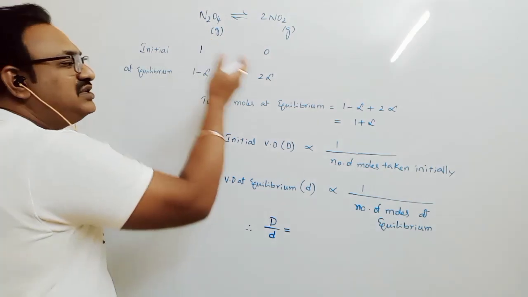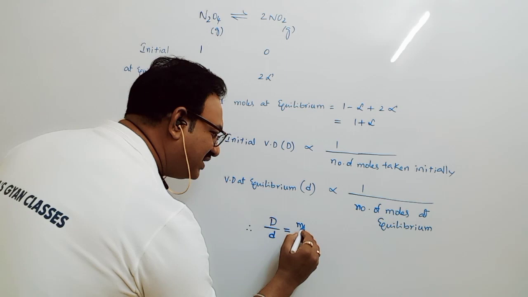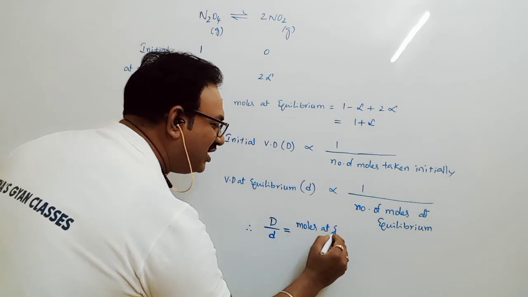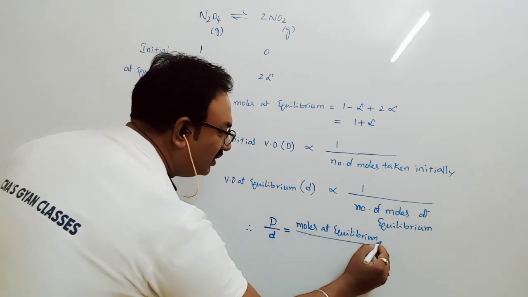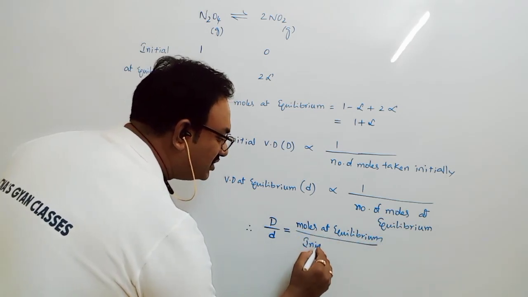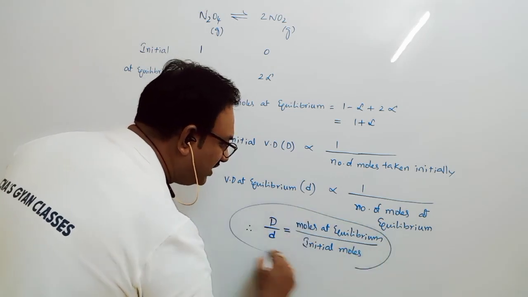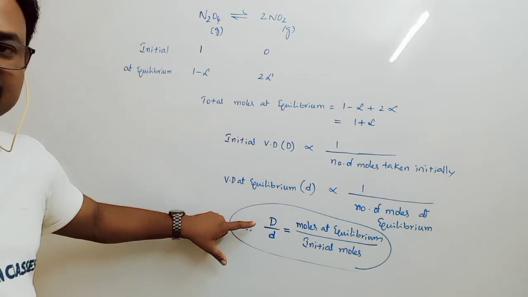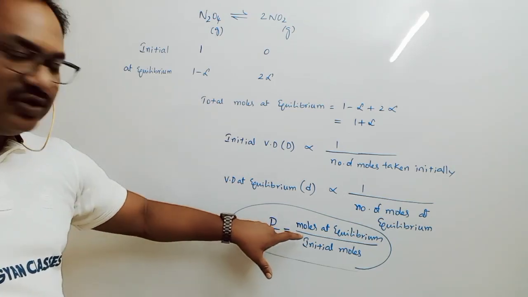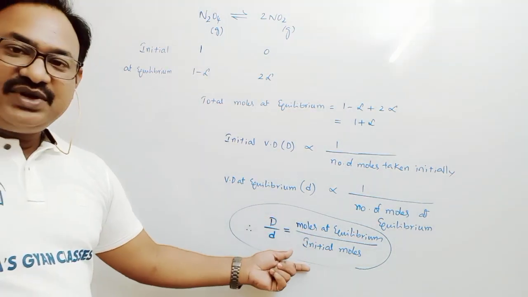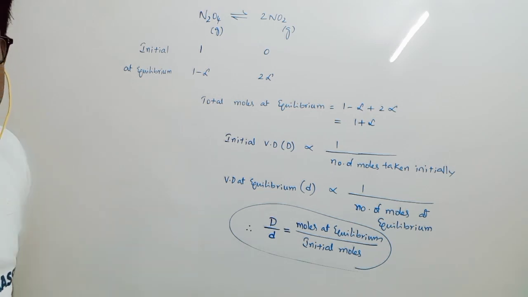See, initial moles and moles at equilibrium. So vapor density initially divided by vapor density at equilibrium is equal to moles at equilibrium divided by initial moles. Okay, so for continuation please.